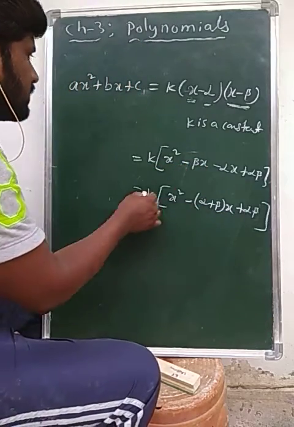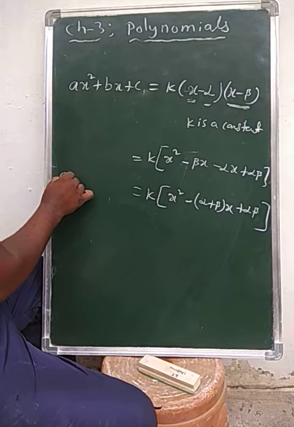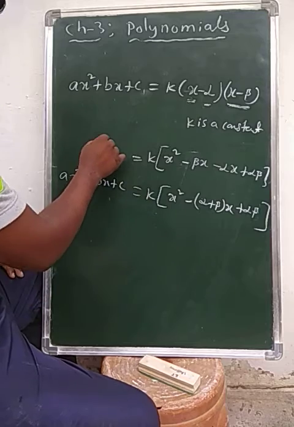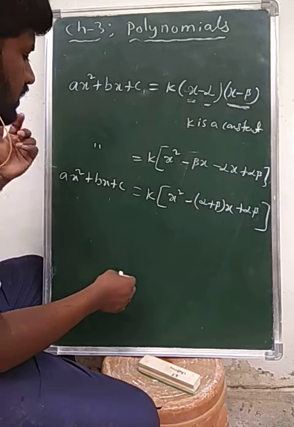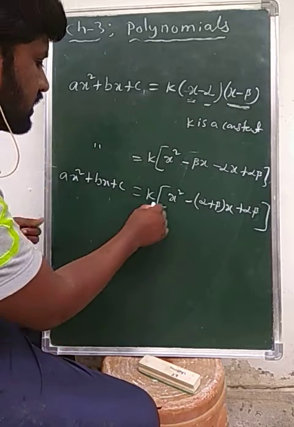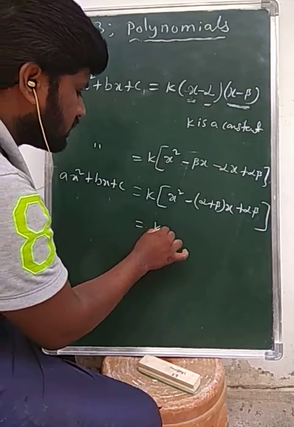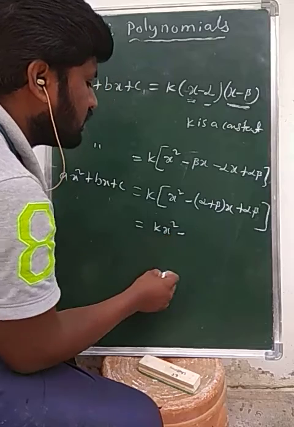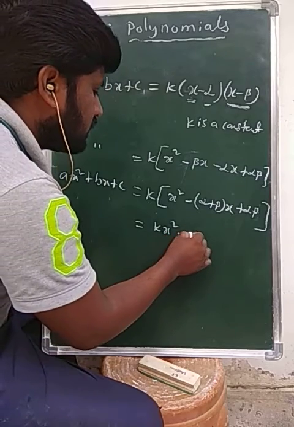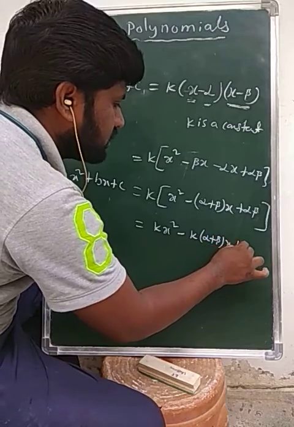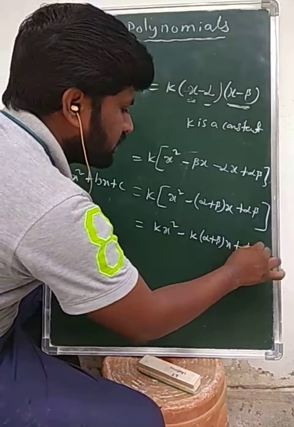So by comparing the terms on both sides, that is ax square plus bx plus c, here we can multiply with k. We get k into x square, that is kx square minus k of alpha plus beta of x plus k into alpha beta.